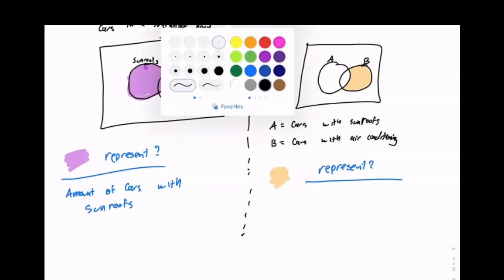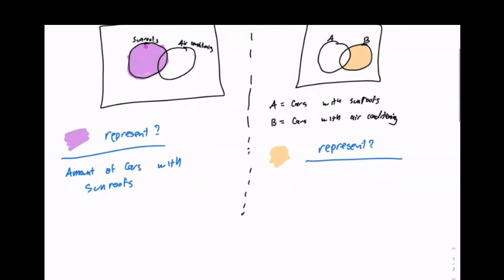That does not represent just cars with air conditioner. That would be the entire circle as we just saw on the Venn diagram to the left. You don't really need to say the amount. We can just say cars with sunroofs on the one on the left.